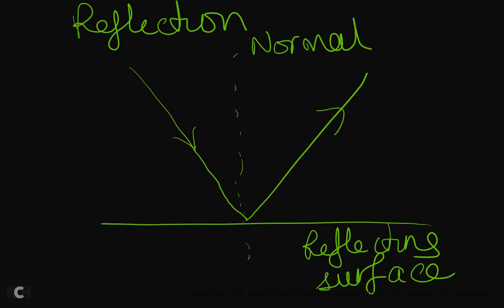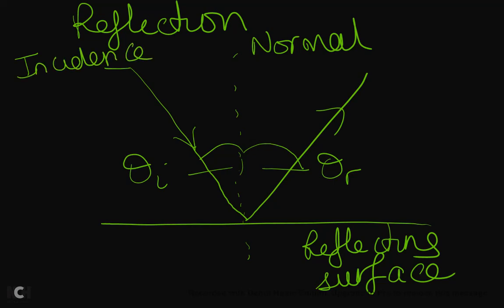The purpose of the normal is that it allows me to determine something called angles of incidence and angles of reflection. The angle between the incident ray, which is this ray here, and the normal gives me this angle here, which is my angle of incidence.